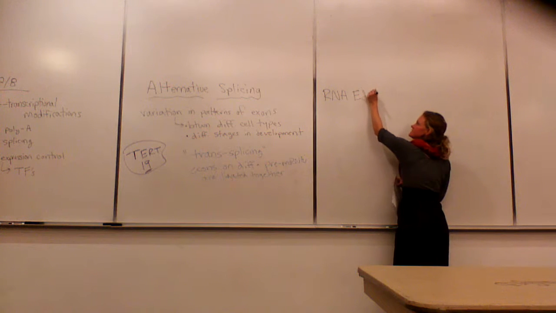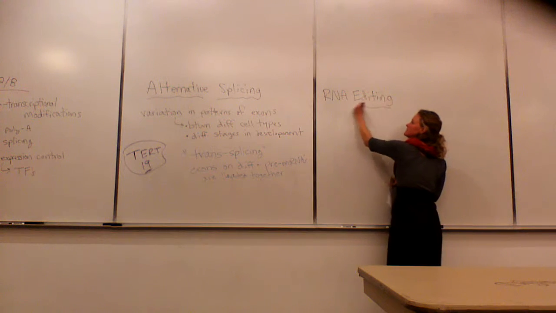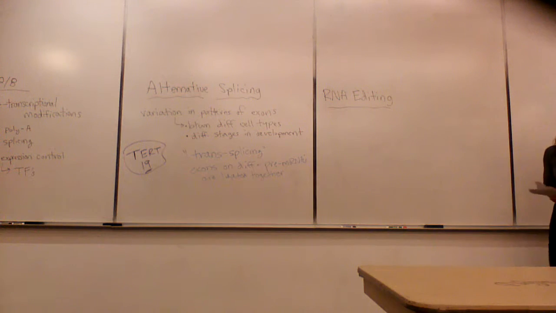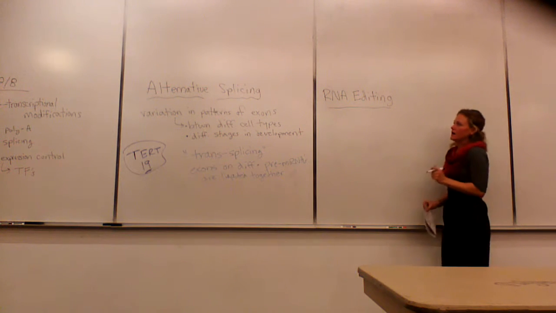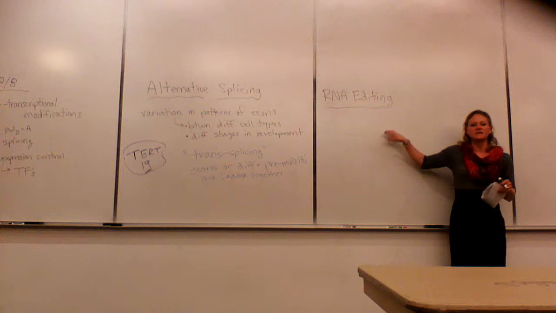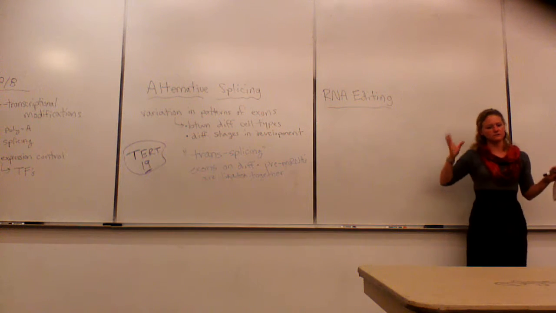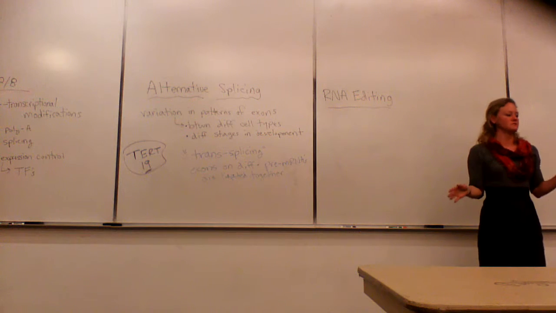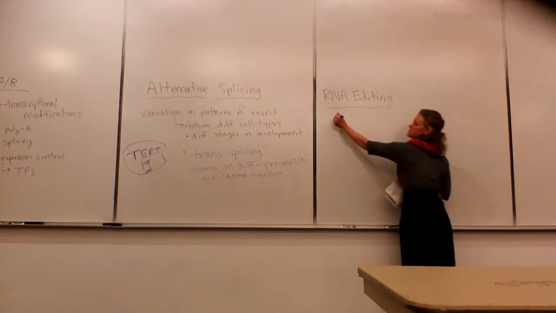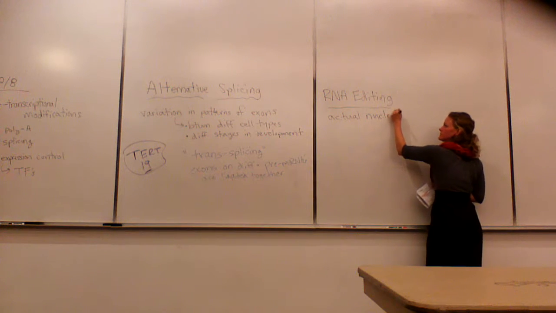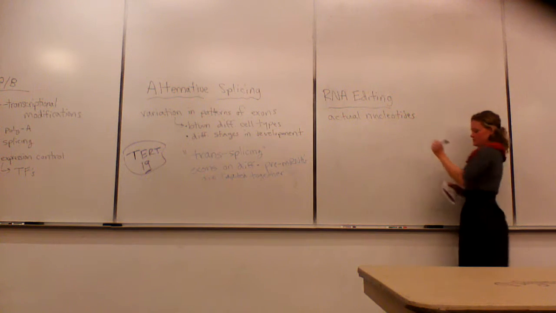Speaking of all this new cool stuff that they're finding, which makes life kind of weird, the actual sequence of the transcript gets changed, not in terms of exons and introns being moved around, but actual nucleotides can be changed after transcription has occurred.